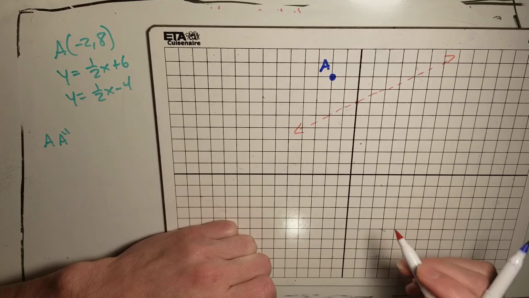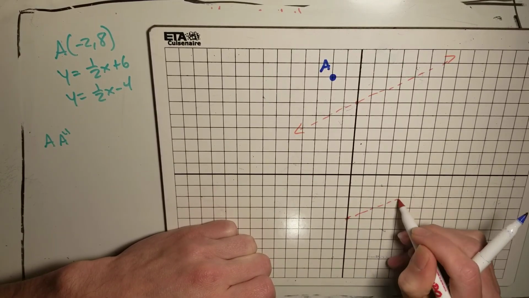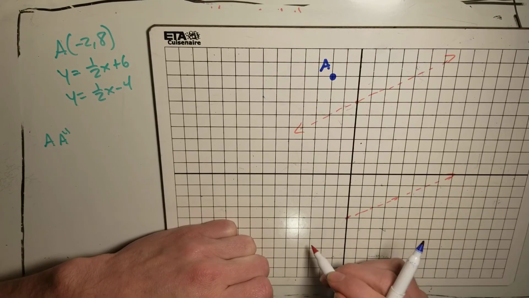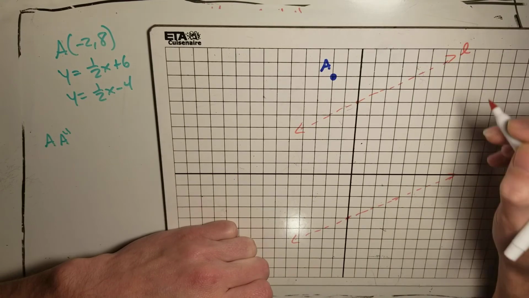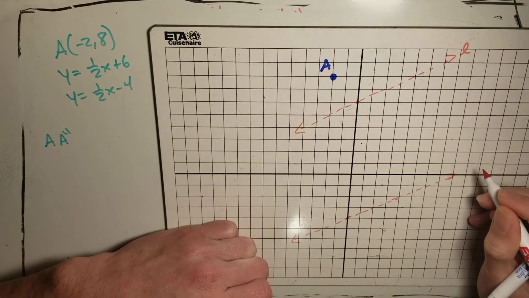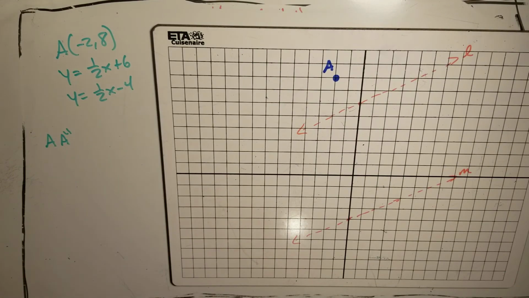We're going to reflect over this line and then reflect over this line here. So this was line L, and this over here was, I think we'll call it line M. So we're going to reflect over both of these.